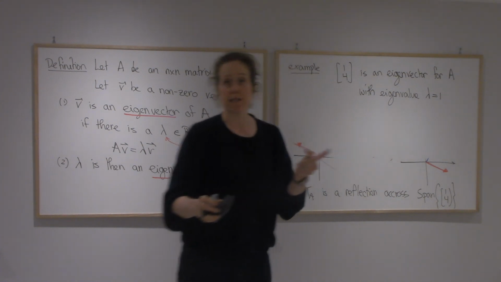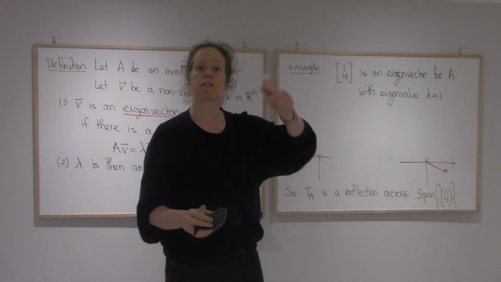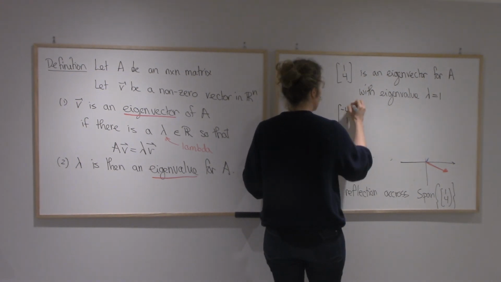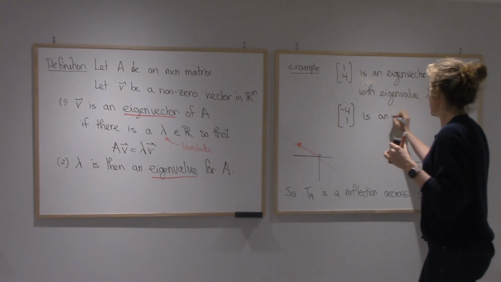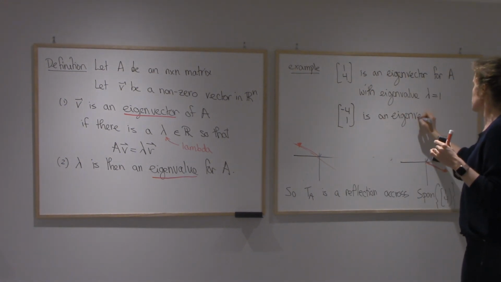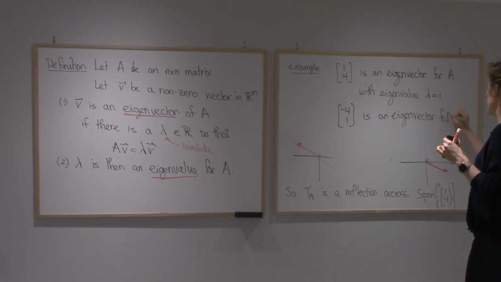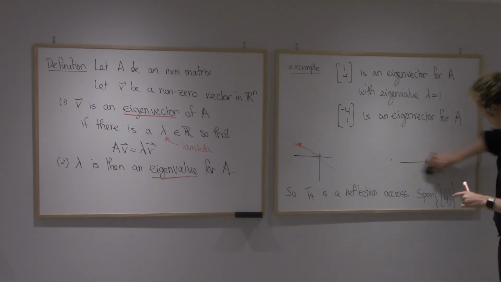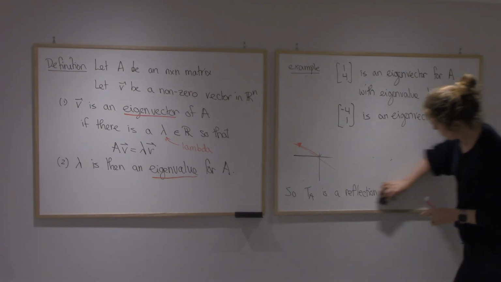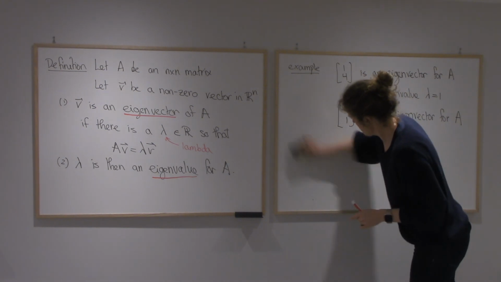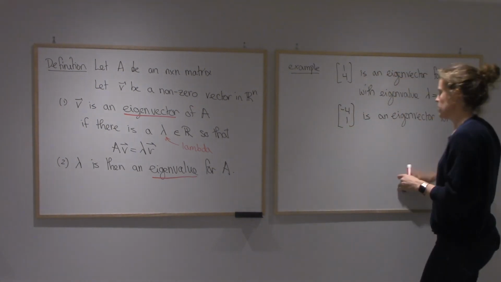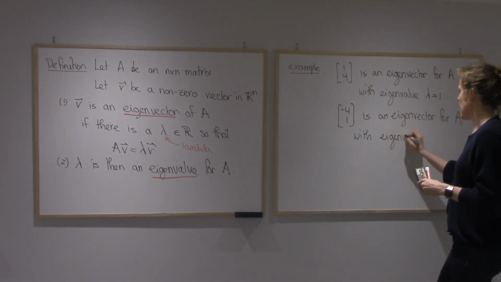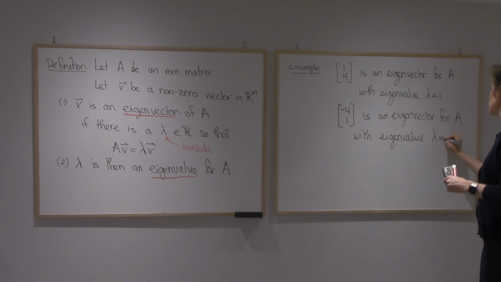And then the red one is an eigenvector with eigenvalue minus 1 because it's flipped by A. That one was (-4, 1), an eigenvector for A with eigenvalue this time lambda equals minus 1.